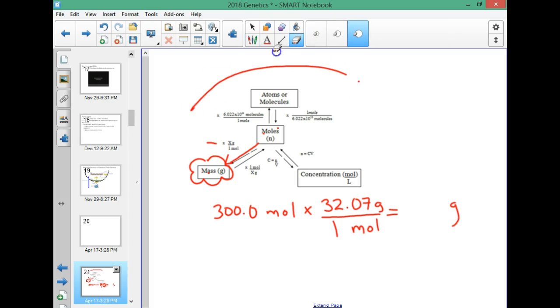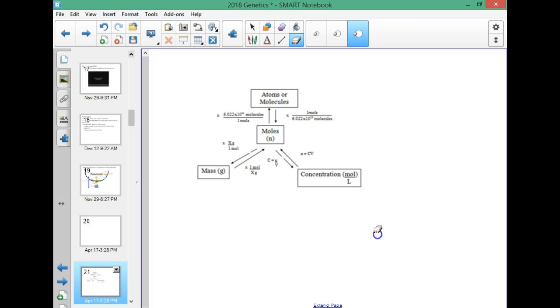The next 2 questions are a little bit more challenging because they are 2-step questions. You are asked for what is the mass. That's down here on your map. You are told that you have a number of atoms of something.